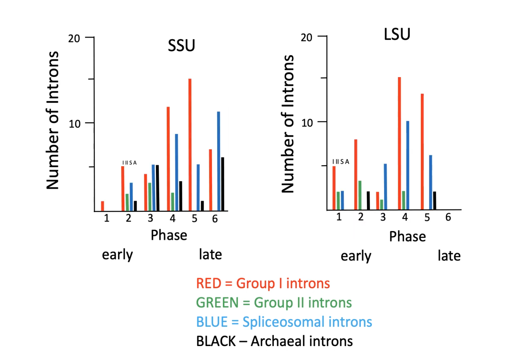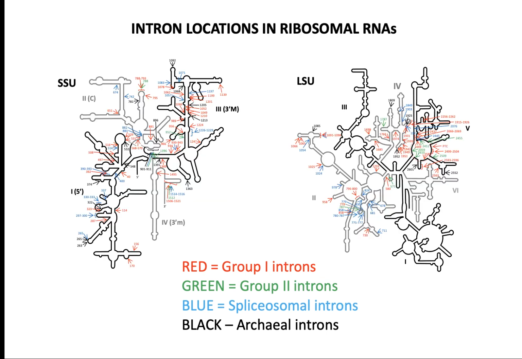There are additions of group 2s in phases 2, 3, and 4, followed by decreases, and increases in spliceosomal introns in phases 5 and 6. In many locations on these two molecules, both the small subunit and the large subunit, there appeared to be overlaps or very close proximity between group 1s, group 2s, and spliceosomal and sometimes archaeal introns.